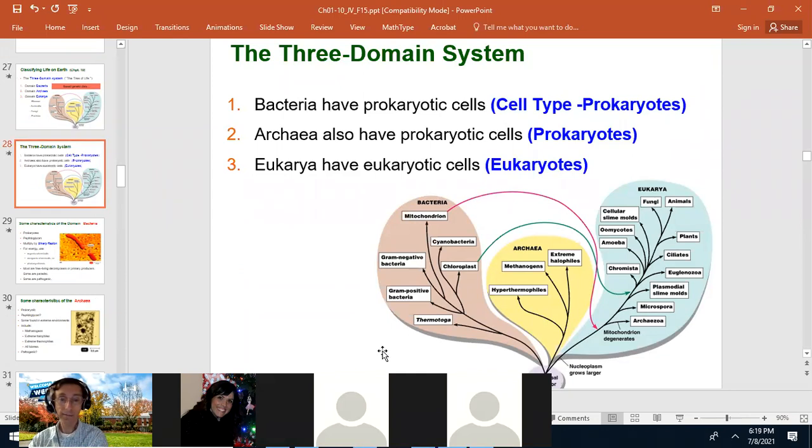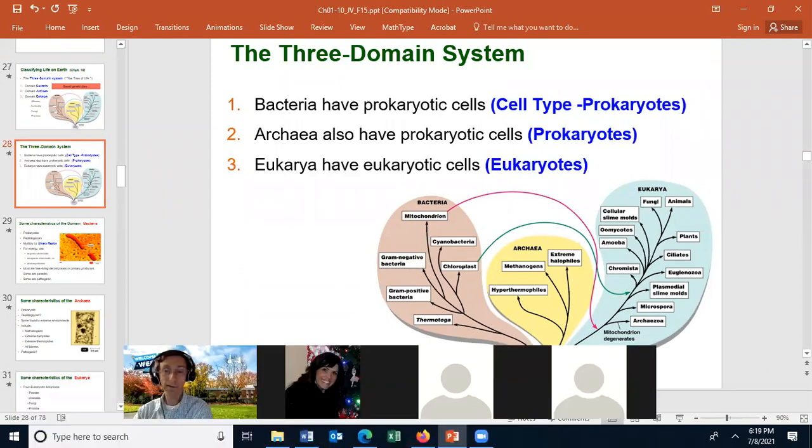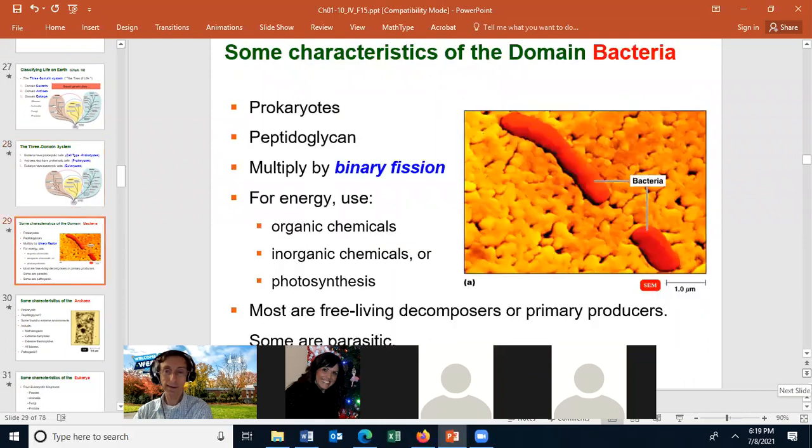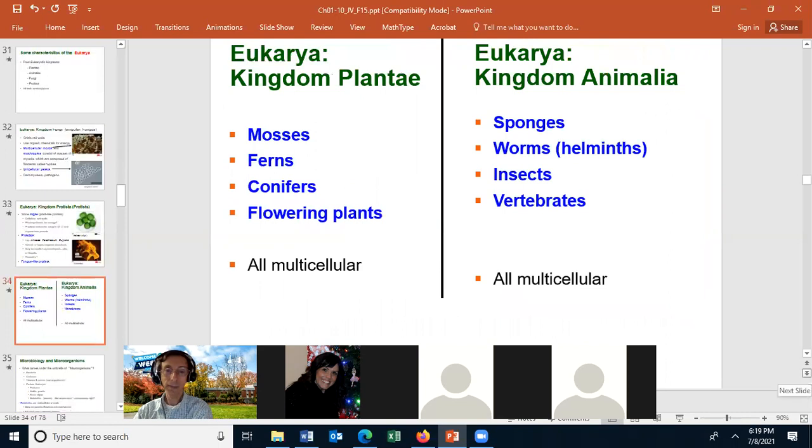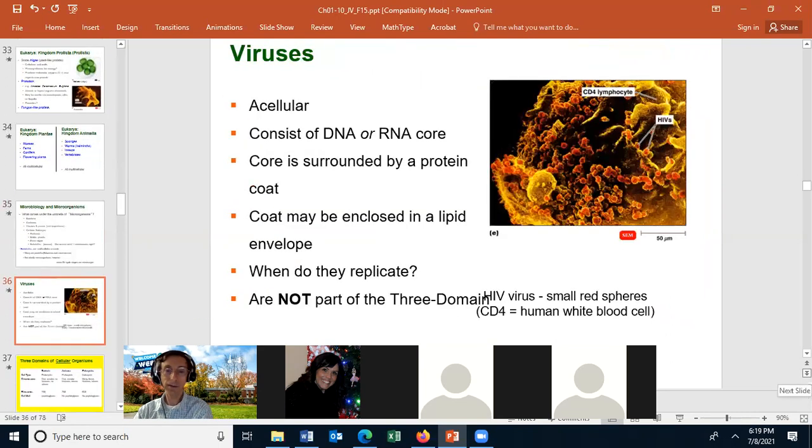And viruses do not have cells, and the other reason is that they have very little DNA, and so it would be very hard to classify them based on their DNA. We don't know exactly where they came from and how they're related to each other, and it's partly because they have such a small genome. All right, any question about any of that?